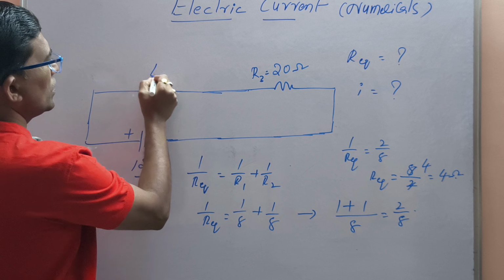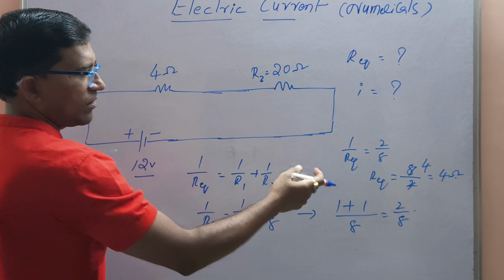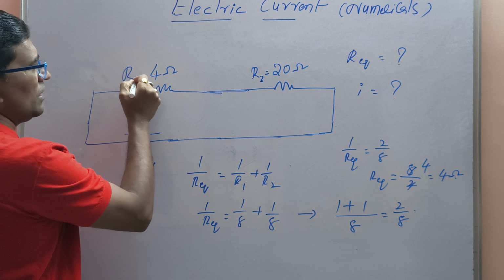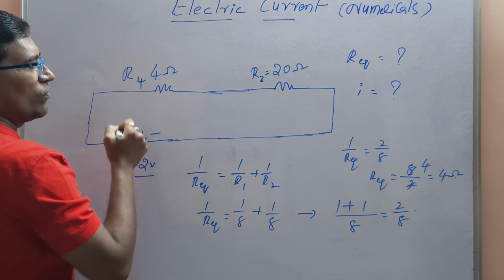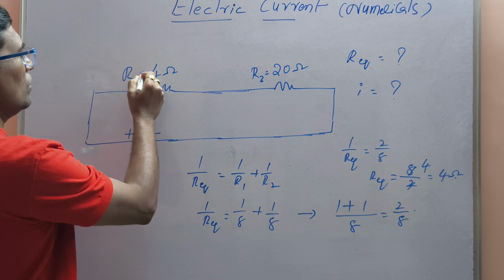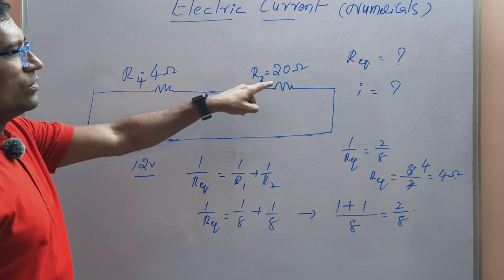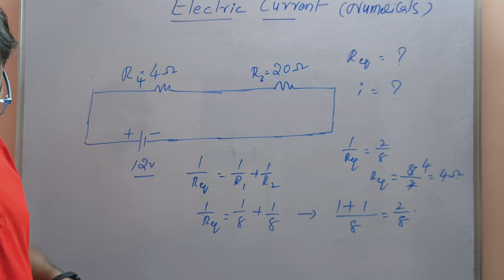How much did you get? 4 ohm. Now please rename it: the equivalent, I will make it R4, and this is R3, already named. R4 is equal to how many? 4 ohm. R3 is equal to 20 ohm, already given. Now I will rub this. We will continue the problem. We will find out the total resistance.